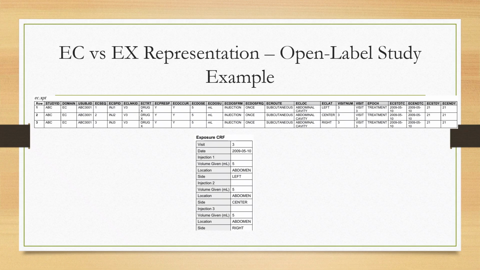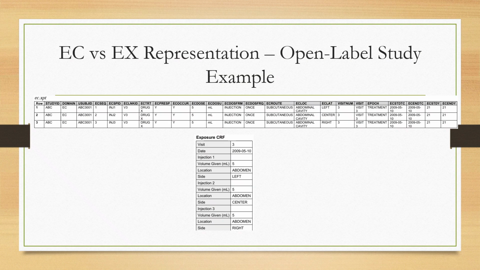So now from this information in your CRF, we have 3 records created, and we know from the CRF that we gave the subject an injection of 5 ml each. So in this case, the EC dose will be 5 and the dose unit will be ml. And the dose form is injection, and since for each location and directionality it was given once, we have the dose frequency as once, and since it was an injection, we have the route also populated as subcutaneous.